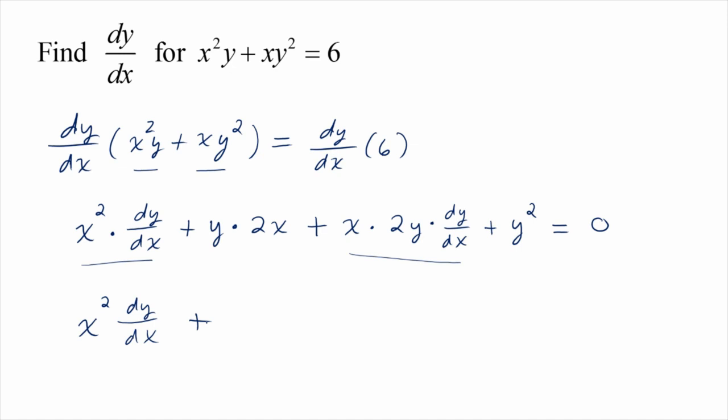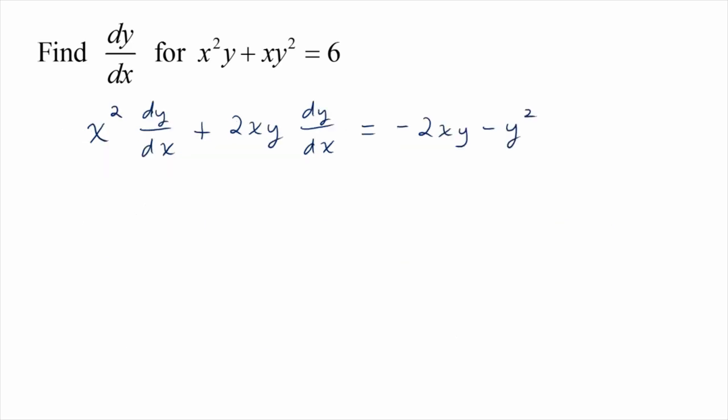So I'm going to write that term as 2xy dy/dx. And now we'll take the other terms to the other side of the equation. So we will have a 2xy here to the other side becomes a negative 2xy. And we have this positive y squared to the other side, which is a negative y squared.